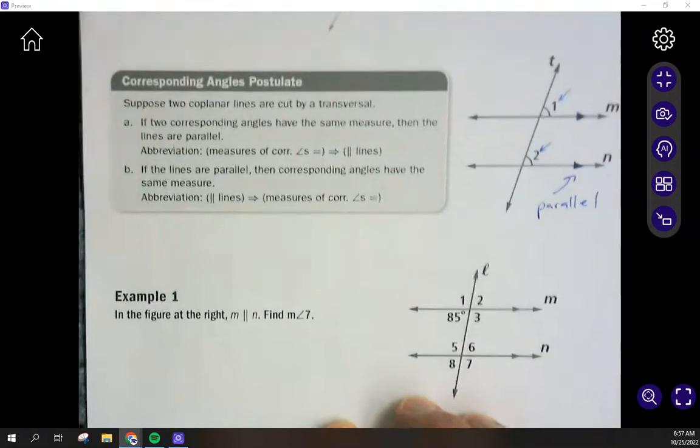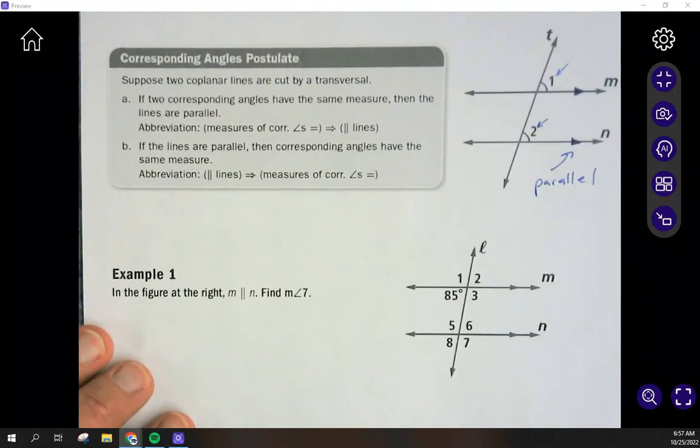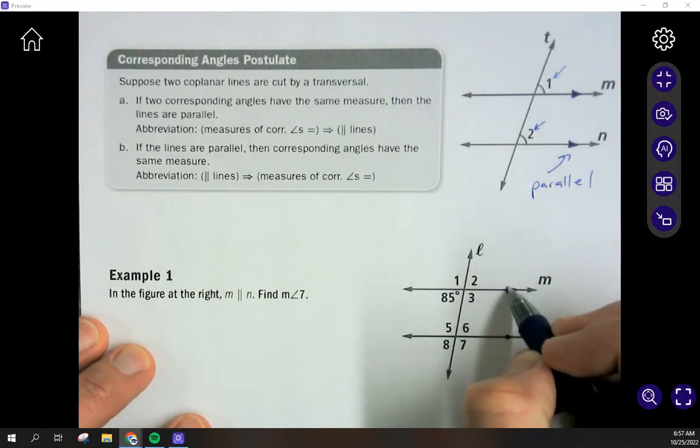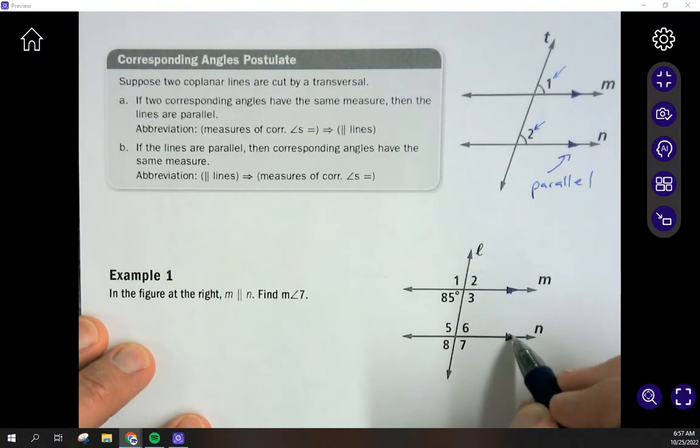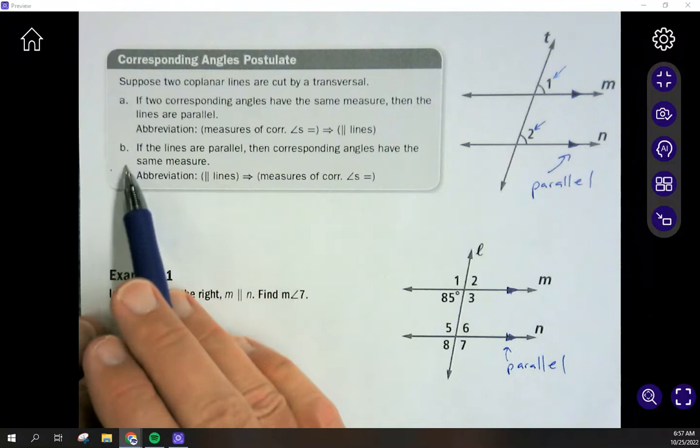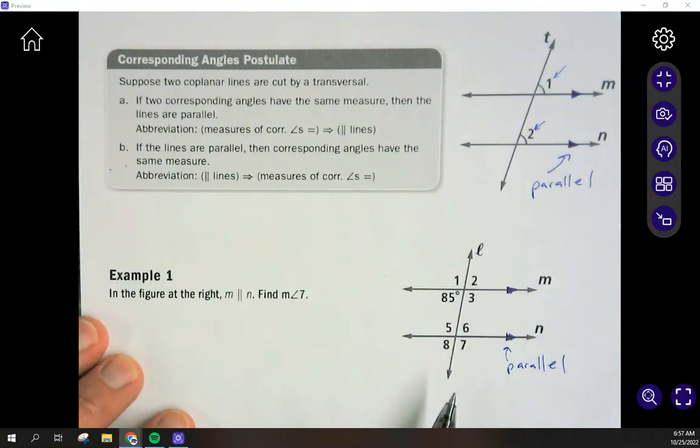Okay, so with that, we go down to example 1. When we have these very specific types of pictures, so again, notice the arrows. That's telling you that these are parallel. And because we have parallel lines, part B of the postulate holds true. We can go ahead and fill in all of these angles, and I'll show you how.